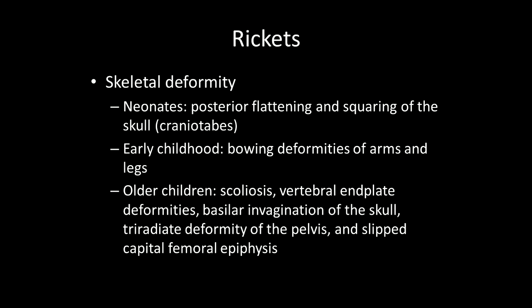So in neonates, you can get flattening or squaring of the skull. In early childhood, you can see bowing of the arms and legs. And in older children, you can see scoliosis, basilar invagination of the skull, or the so-called triradiate deformity of the pelvis. Another common feature of rickets is slipped capital femoral epiphysis.